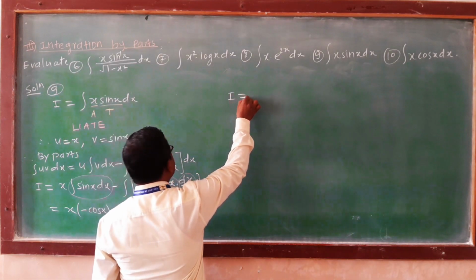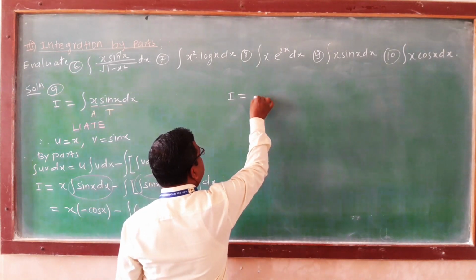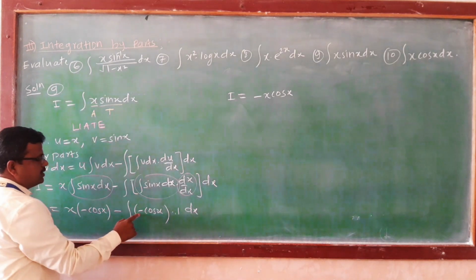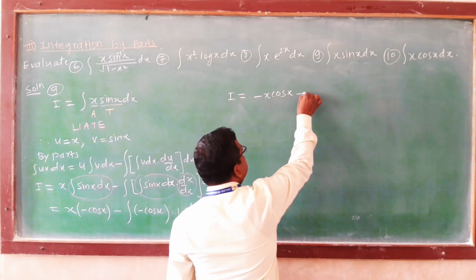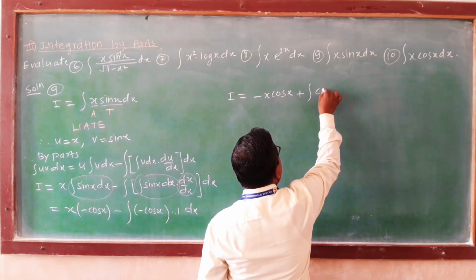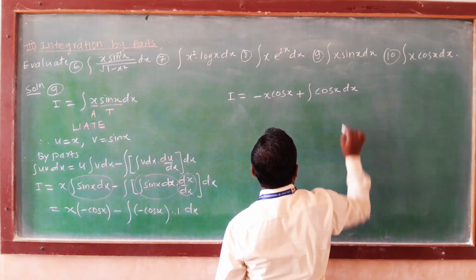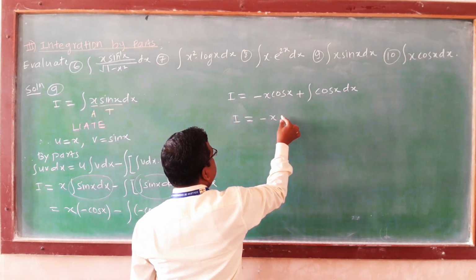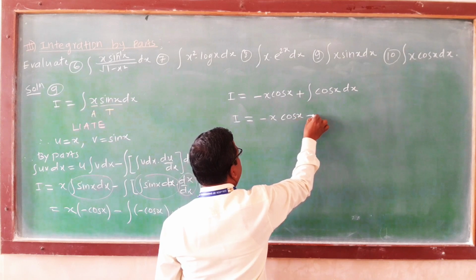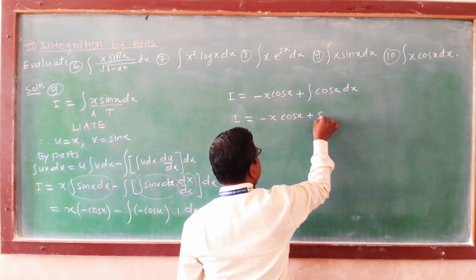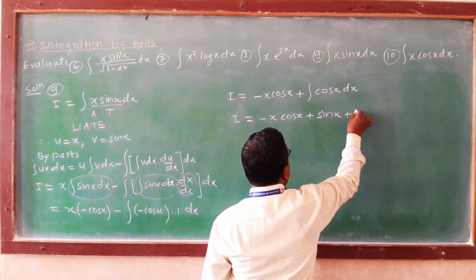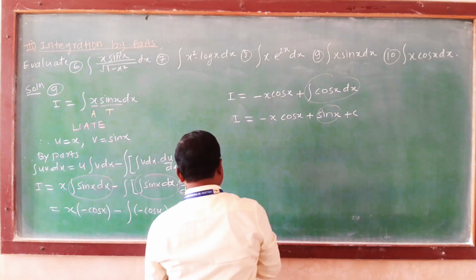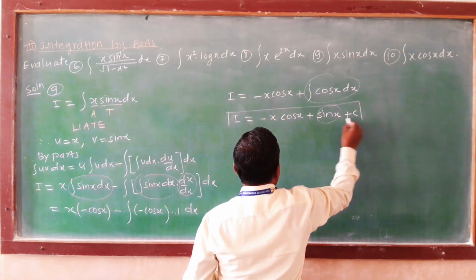Therefore I is equal to minus x cos x, this minus minus will be plus integration of cos x dx. Therefore I is equal to minus x cos x plus integration of cos x, this is standard, sin x plus c. Integration of cos x is sin x. So this is the required integration.